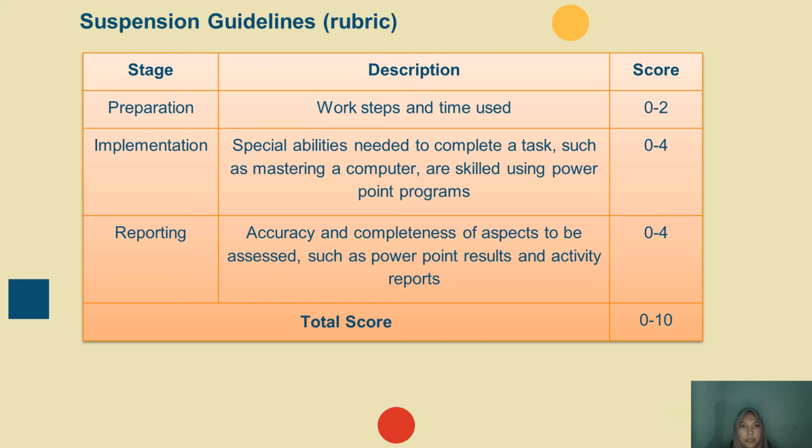The score for this stage is 0 up to 4. The last stage is reporting. It's about accuracy and completeness of aspects to be assessed, such as PowerPoint results and activity reports. The score of this stage is from 0 up to 4. Then the total score of all the stages is from 0 up to 10.